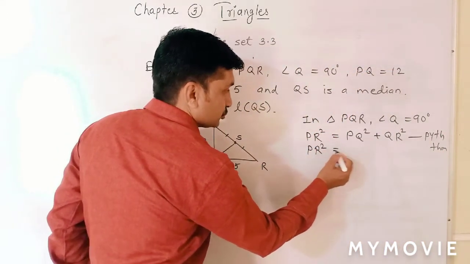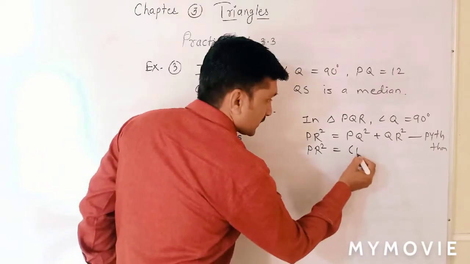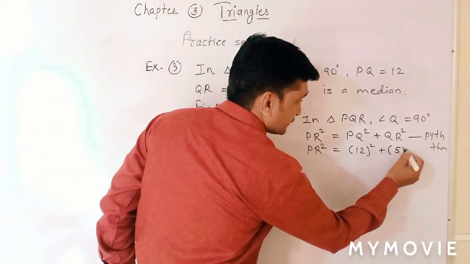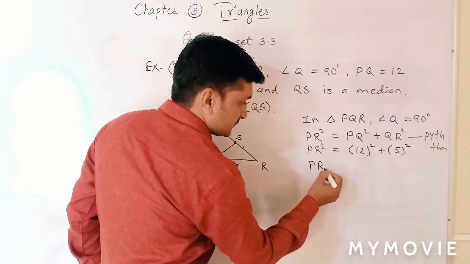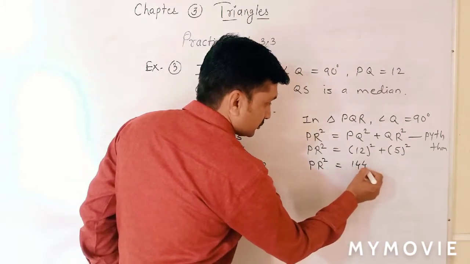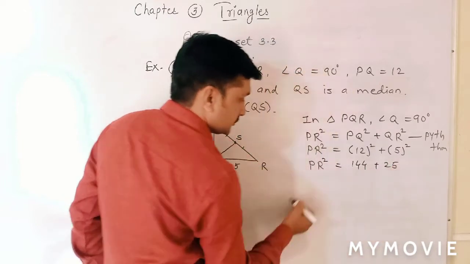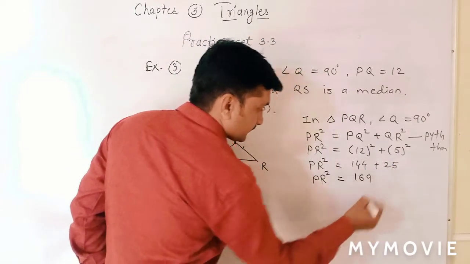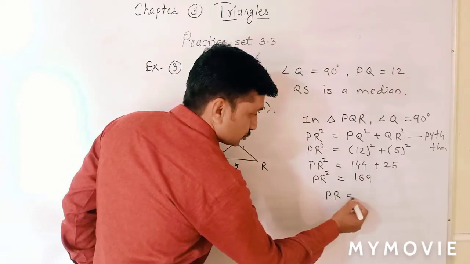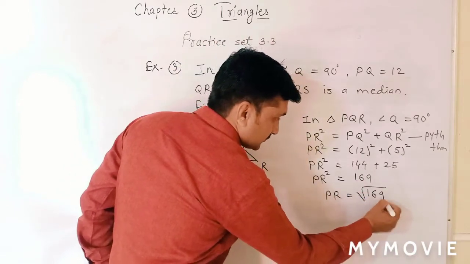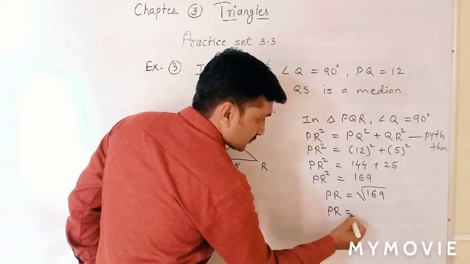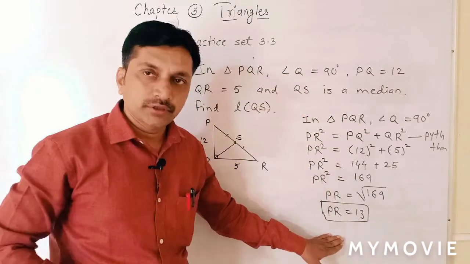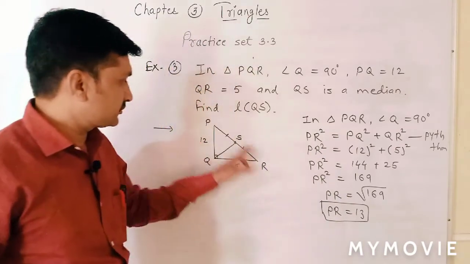PR square is equal to PQ is 12, 12 square plus QR is 5, 5 square. PR square is equal to 12 square 144 plus 25. PR square is equal to 169. And therefore PR is equal to root of 169 and we get PR is equal to 13. Here we got the length of the hypotenuse, 13.